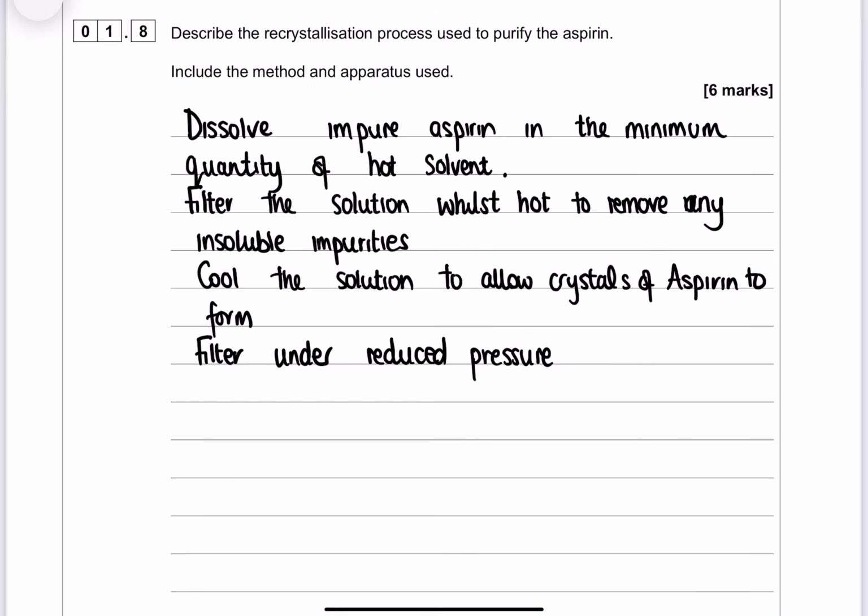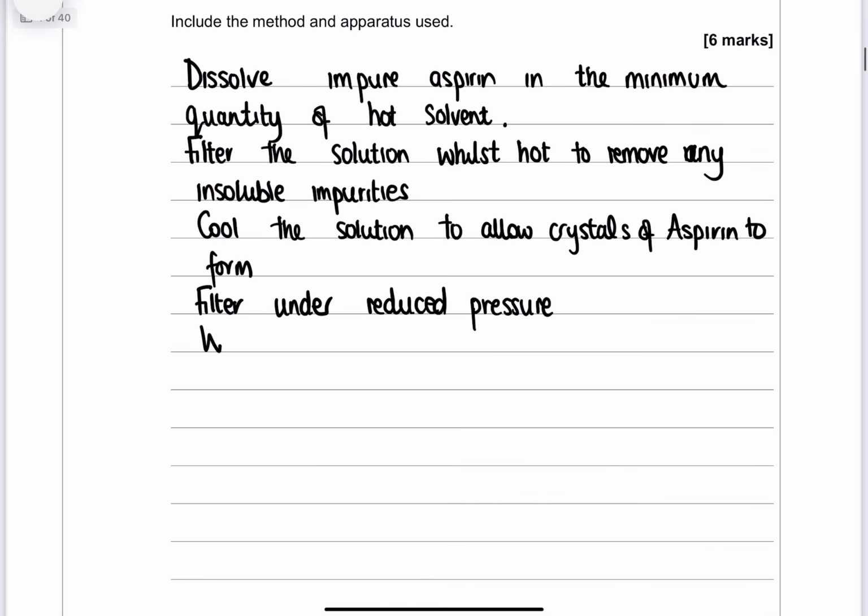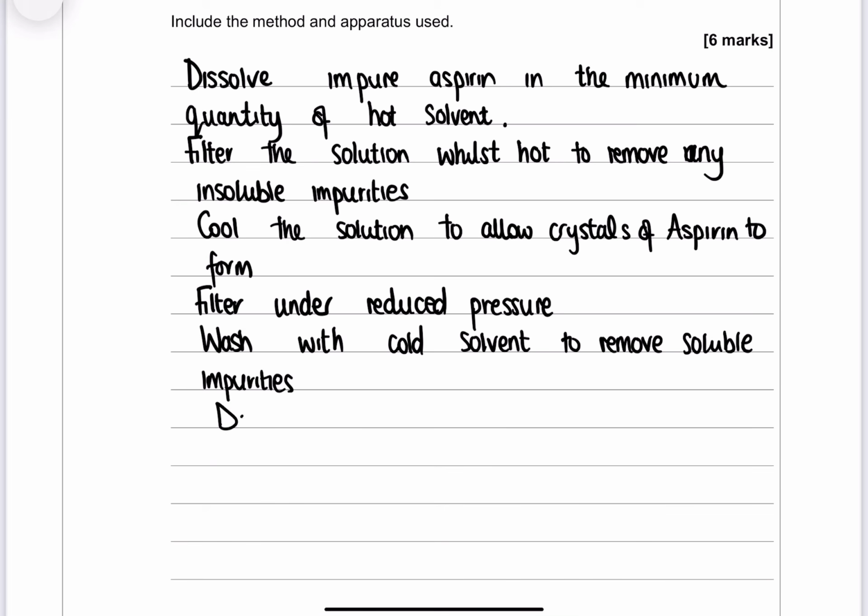And while we're filtering it, we're going to wash our aspirin with cold solvent so it doesn't redissolve. And that's going to wash away any soluble impurities. And then dry the aspirin.